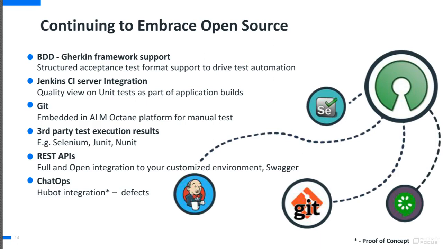The platform uses REST API. So again, no more OTA API, but a REST API that's published as Swagger documentation, and you have a developer guide available if you need to build easy integrations into any other DevOps-based ecosystem. And from a ChatOps perspective, which is again one of the hottest trends in terms of interacting with other systems, we have a proof of concept where you can pull in defect-related data from the ALM Octane bot, as we call it.